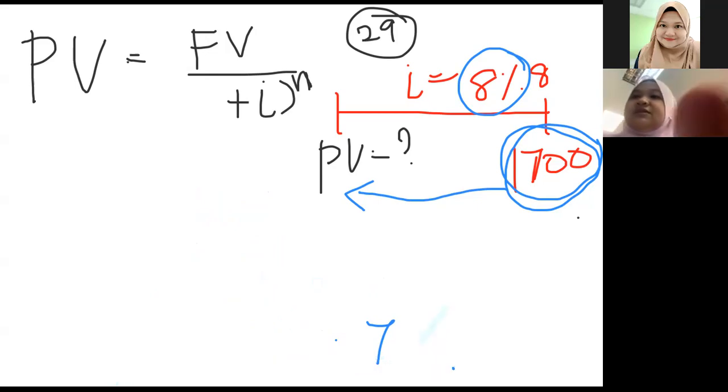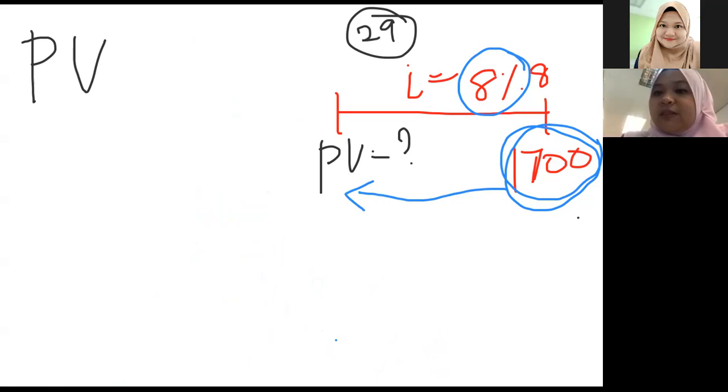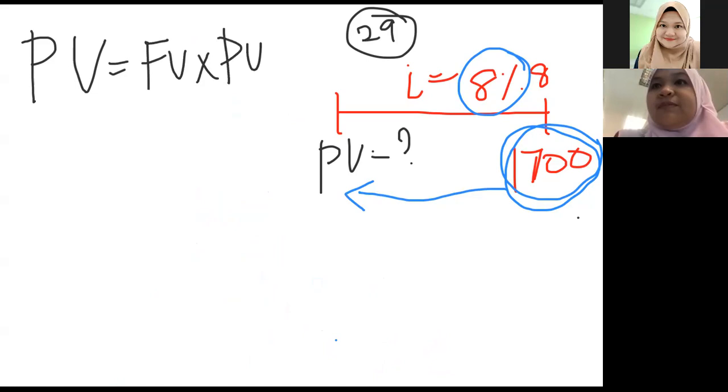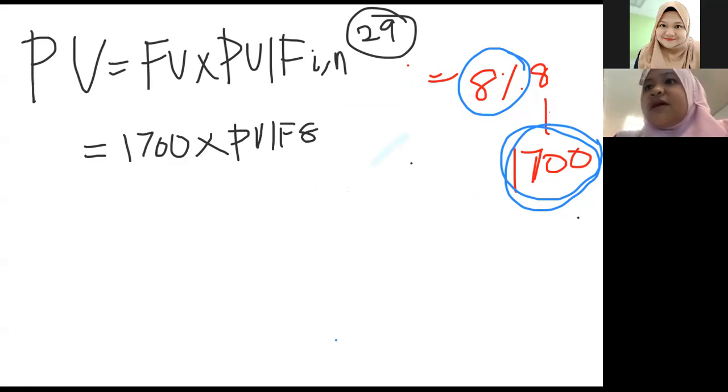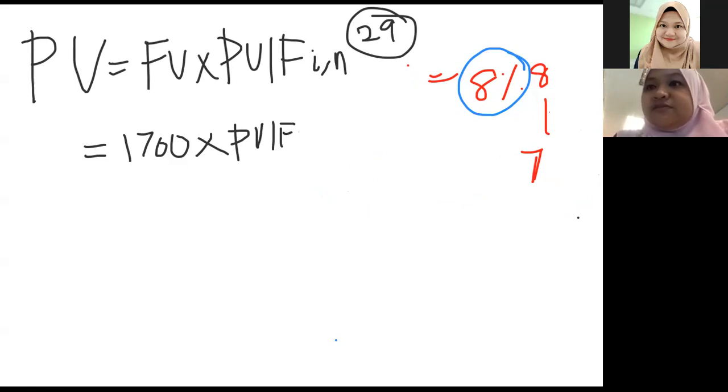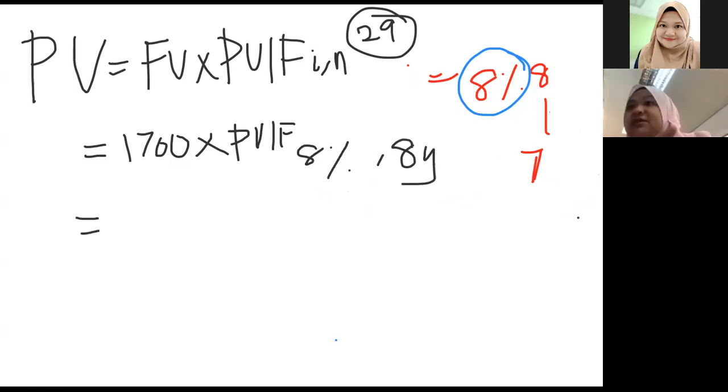If you want to use financial table, so the formula will be future value times with PVIF with the given I and N. So future value is 1,700. Then you refer to PVIF table. I is 8%. N is 8 years. And then you just go to present value table and you find what is 8% and 8 years.